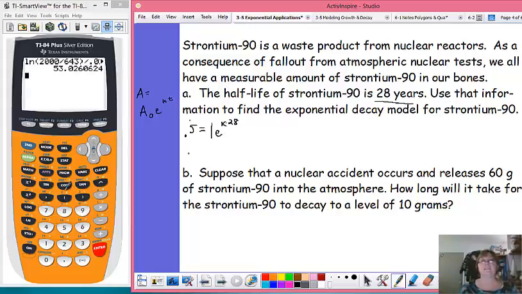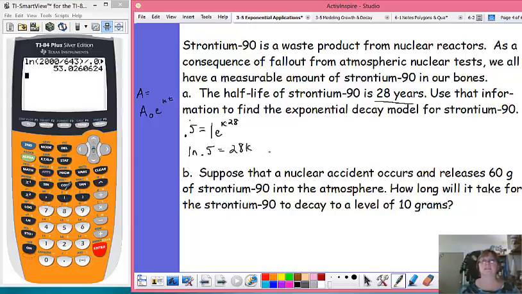You know what's coming next. We're going to divide by 1, which is really meaningless. Then we're going to take the natural log of both sides, and we'll say the natural log of 0.5 is equal to 28k. Now, I've been writing natural log of e all along. I'm not even going to write that this time because I know that that's the same thing as 1.